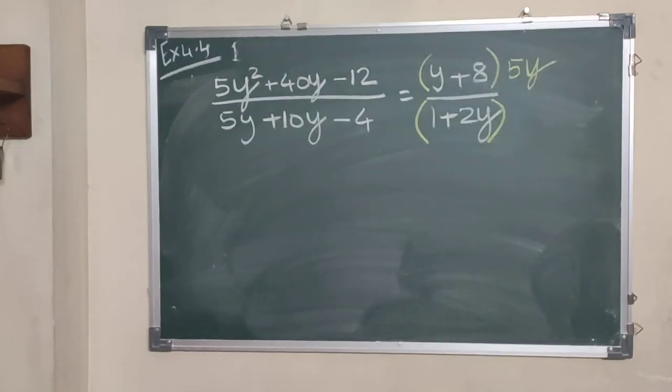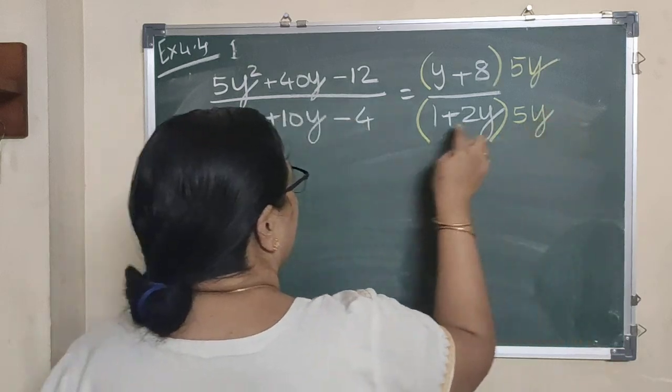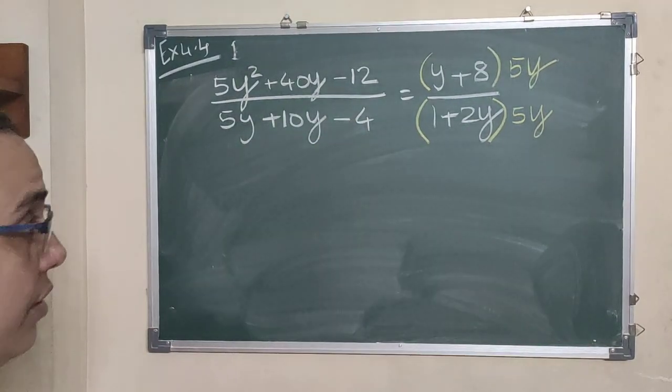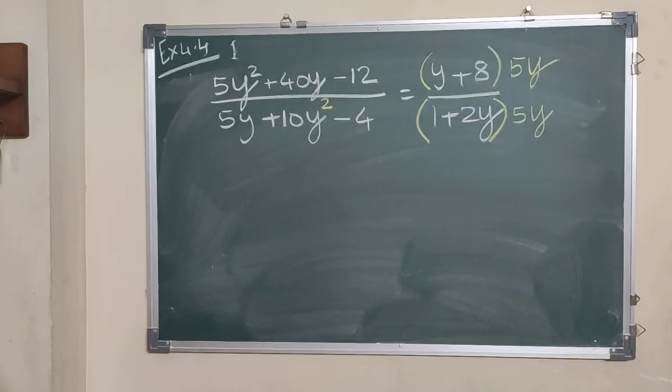Children, keep in mind, that gives you 5y square plus 40y. Same way, in the denominator, you multiply by 5y, you will get the same 5y plus 10y square. Followed? So that is how you are going to solve this sum, and I hope you will surely get the answer correct.